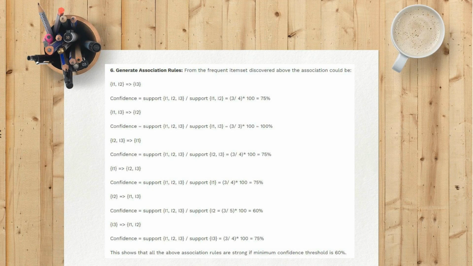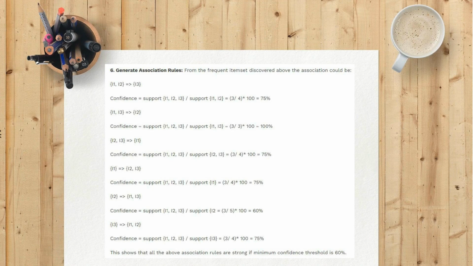Confidence equals support I1, I2, I3 divided by support I2, I3 equals 3 divided by 4 multiplied by 100 equals 75%. I1 implies I2, I3. Confidence equals support I1, I2, I3 divided by support I1 equals 3 divided by 4 multiplied by 100 equals 75%. I2 implies I1, I3. Confidence equals support I1, I2, I3 divided by support I2 equals 3 divided by 5 multiplied by 100 equals 60%.